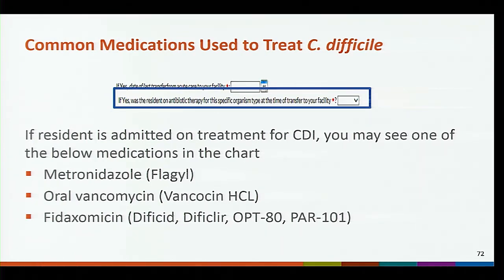So you want to keep these in your back pocket, and this is what you're looking for if you have an admission from an acute care facility. So you're looking for oral vancomycin, usually, Flagyl, or fidaxomicin. Did I pronounce that correct, my ID physicians? Yep, that's good. So that's what you're looking for.